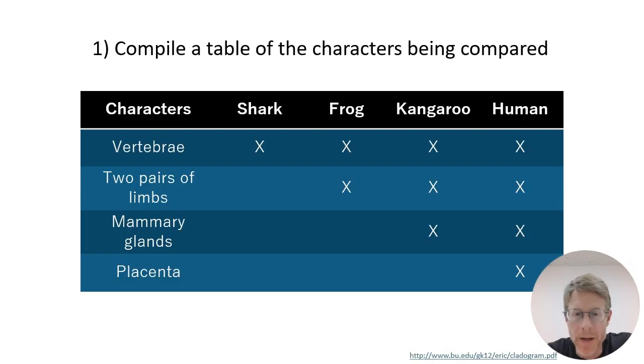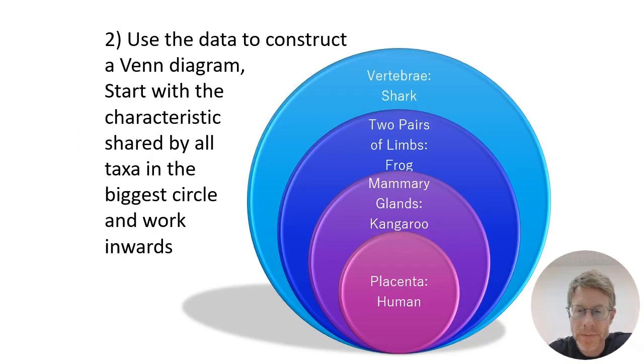All right, here's a very similar example. In this one, I'll just show you a little bit more detailed how you could go about making the cladogram. So you would first organize it like a Venn diagram. You start with the characteristics that are shared by all of them, put that in the biggest circle, and then work backwards.